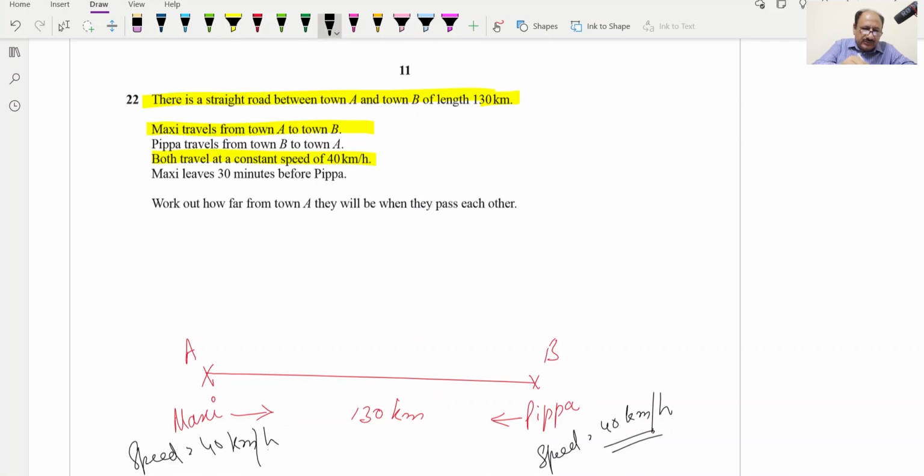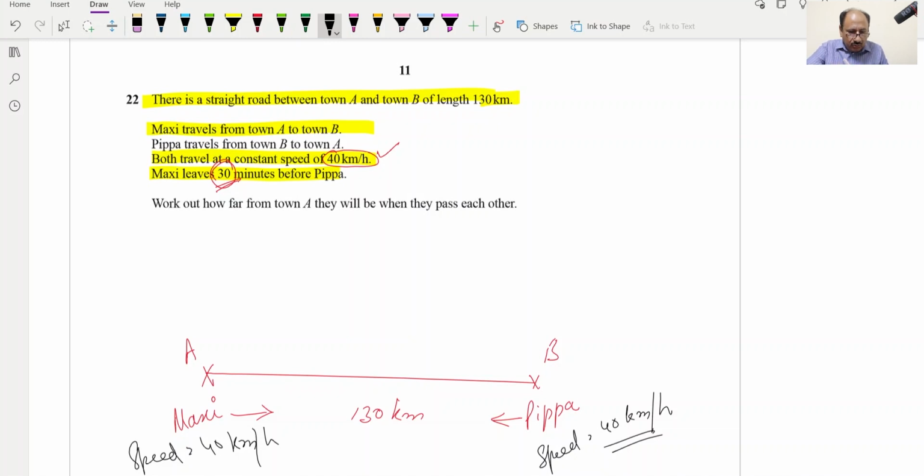Now the next portion is Maxi leaves 30 minutes before Pipa. So in 30 minutes how much distance has Maxi covered? Speed is 40 in 1 hour, so in half an hour it will be half of 40 which is 20, so 20 kilometers Maxi has already covered.